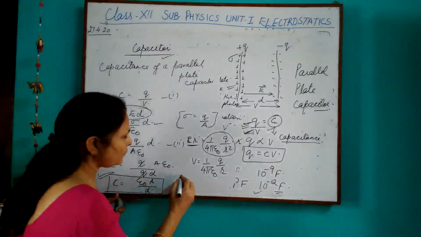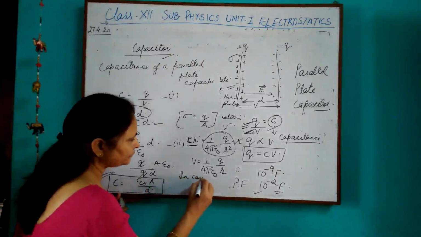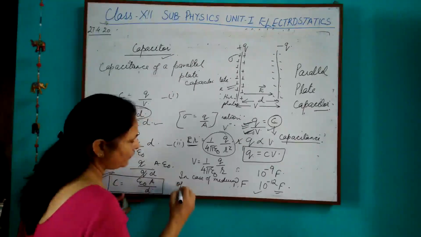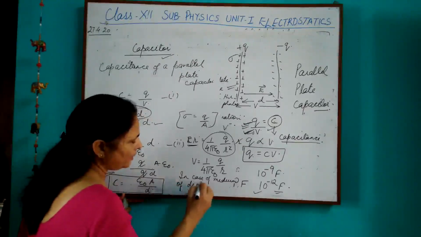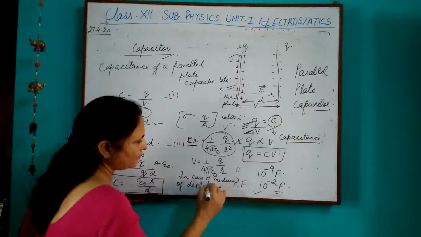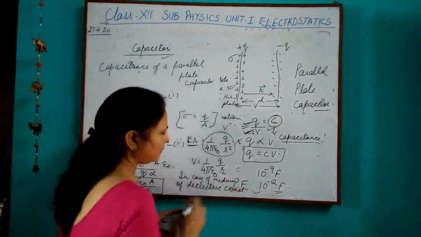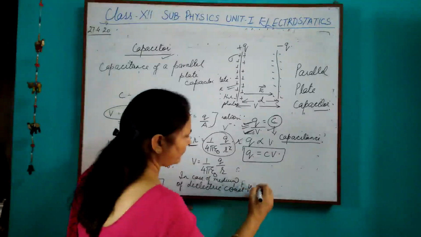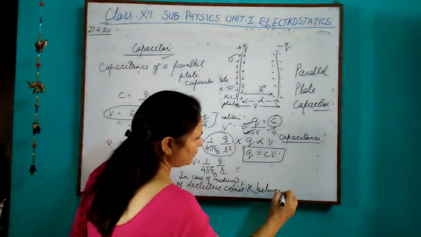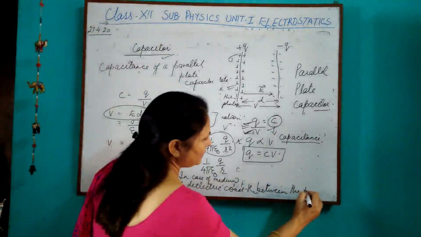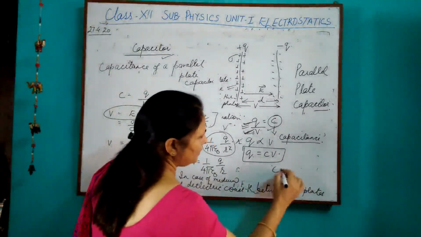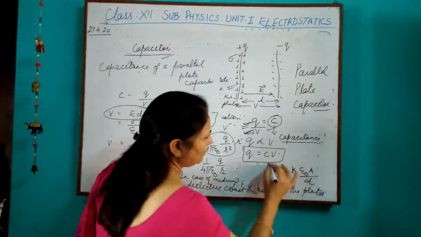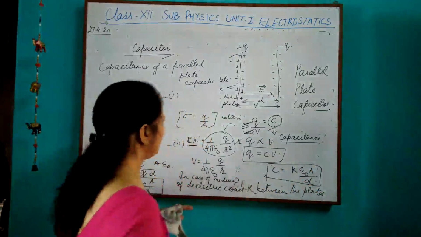So in case of a medium of dielectric constant K between the plates, C will be K epsilon naught A upon D. So this much you remember.